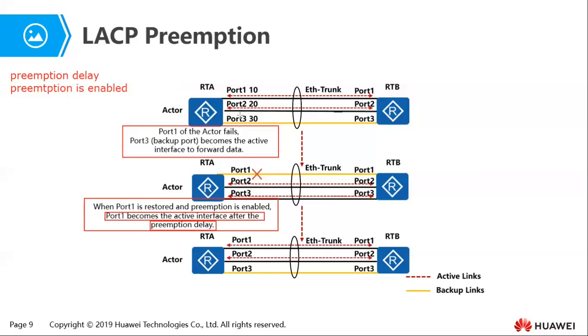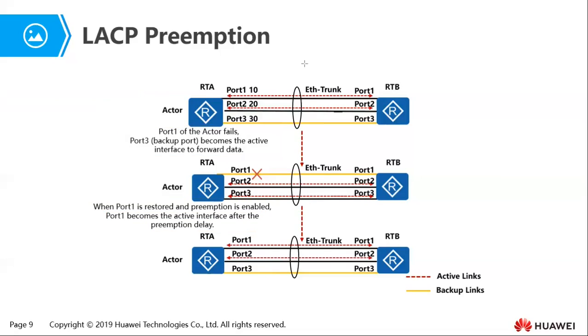So that is exactly what you're seeing here: now this one comes back up, it waits for the preemption delay to expire and then sends the other one back to be a backup link. For that to happen, you must enable preemption. Otherwise, if preemption has not been enabled, this is not going to happen.